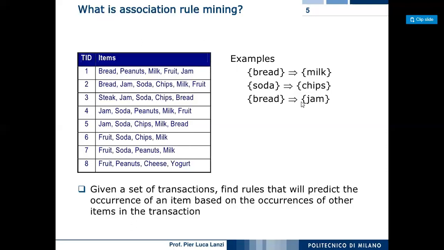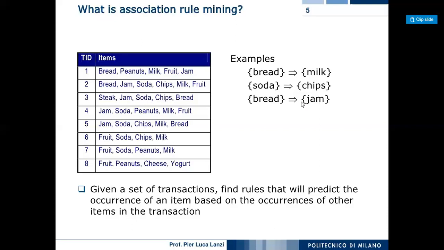For example, in the given table, we can see that bread and milk are items which are most frequently purchased together.